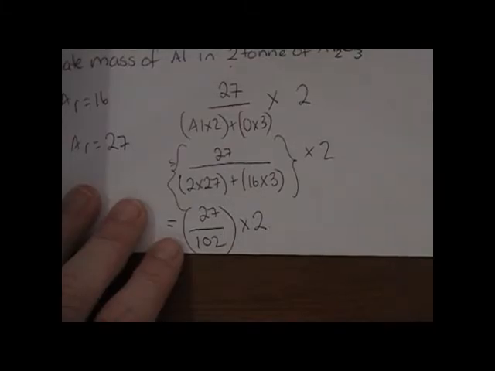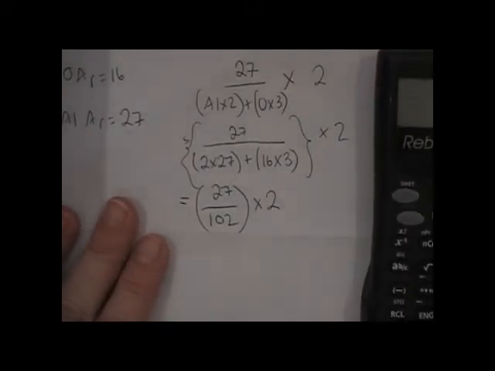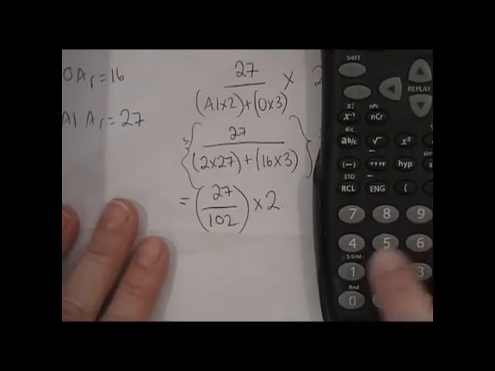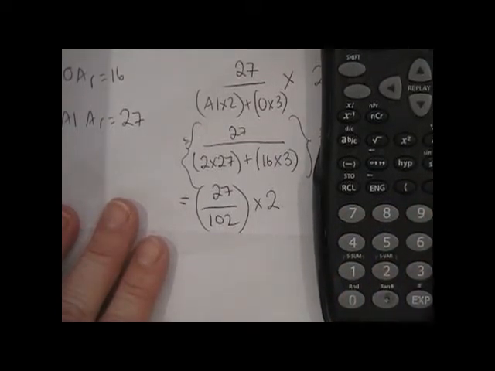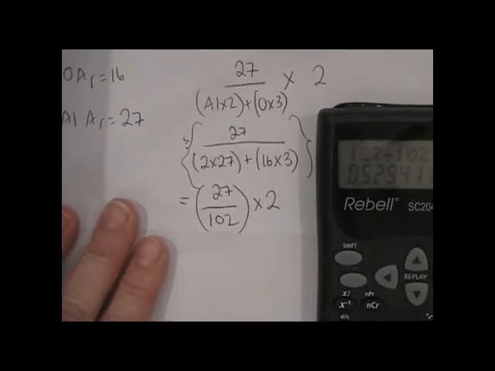Okay, I'll just open up my paper here so I've got a little bit more room to work with. What I'm going to do now is my actual answer. Bracket 27 divided by 102 end bracket times 2 equals, and that gives me 0.529.